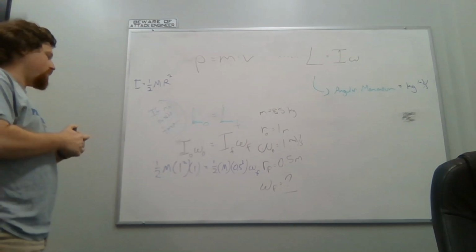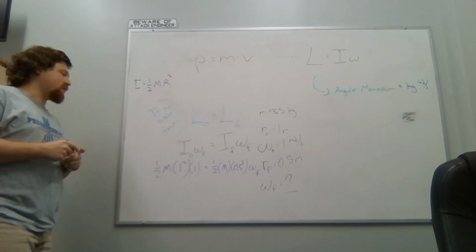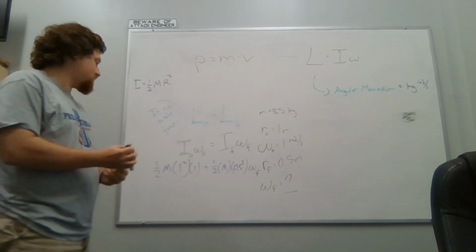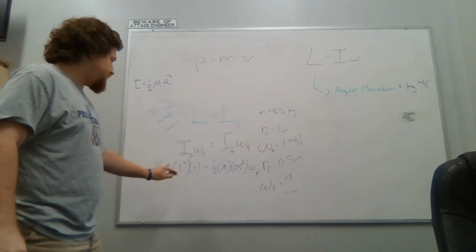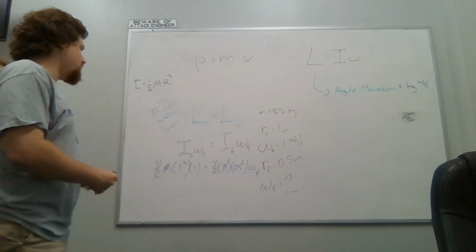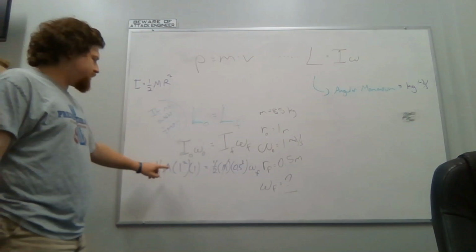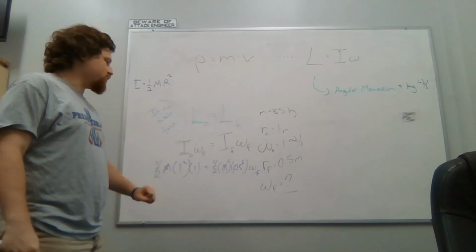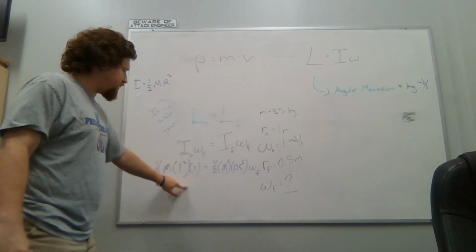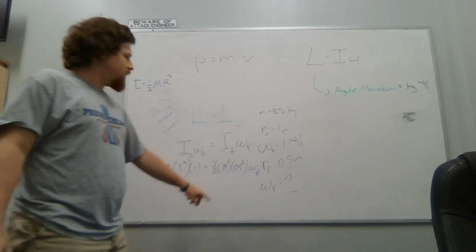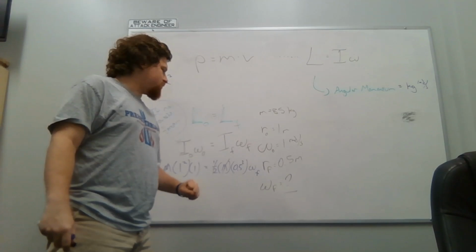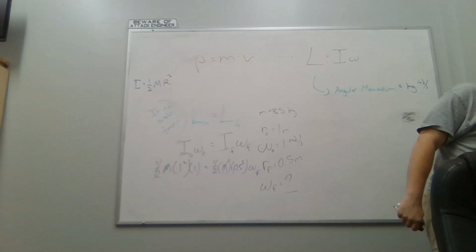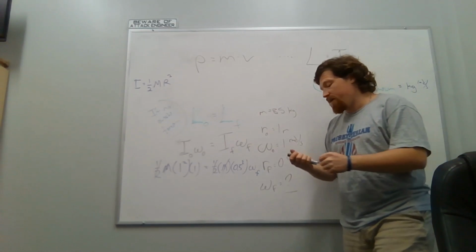Now, I'm going to simplify this a tiny bit first, because on both sides we have a 1/2 and we have a mass. Since that's on both sides, they can cancel. Additionally, 1 squared is just 1, and that 1 is being multiplied by 1. So everything on this side is just going to condense down to 1. This 0.5 is being squared. 0.5 squared is going to be 0.25.